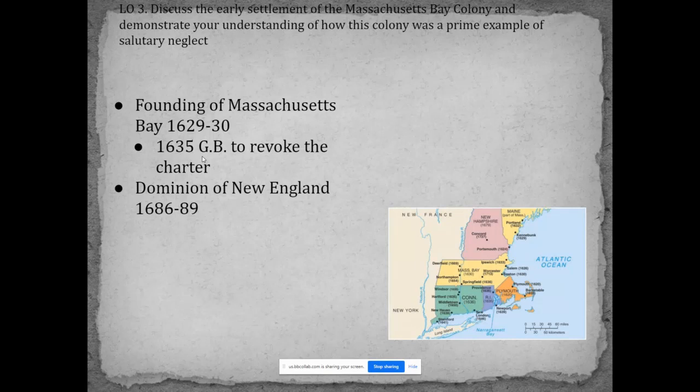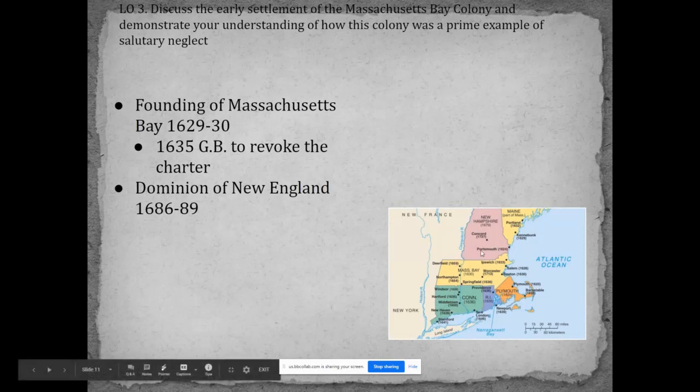So by then you have the Trade Acts that have been passed. It's not too long before the Navigation Acts are going to be passed, but for the most part, Massachusetts, Plymouth, all of these colonies here, they're basically governing themselves, right?